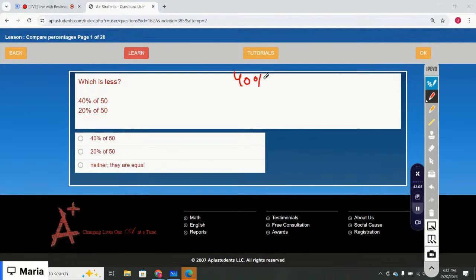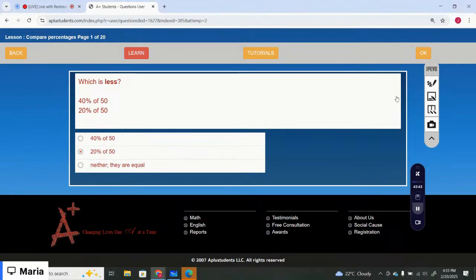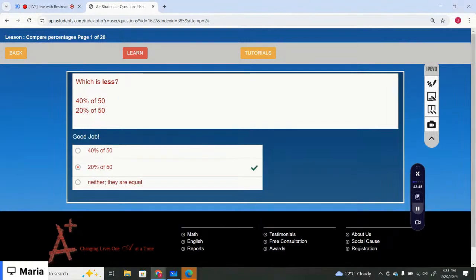So 40% of 50 is 20 and 20% of 50 is 10. So which is less? 20% of 50 is less than 40% of 50. Option number 2 is the correct option. That is 20% of 50.